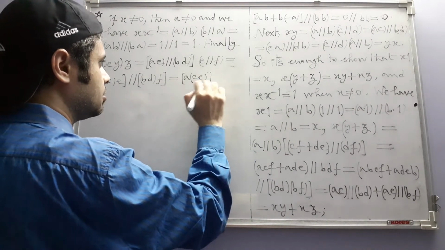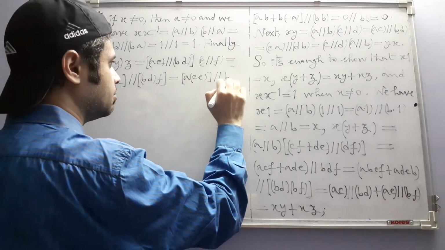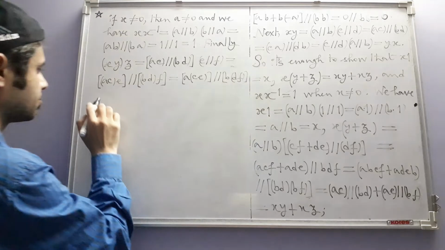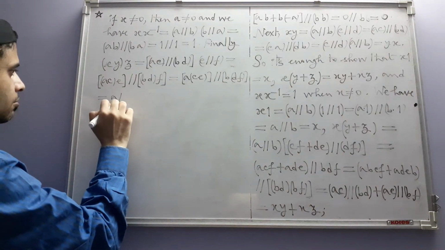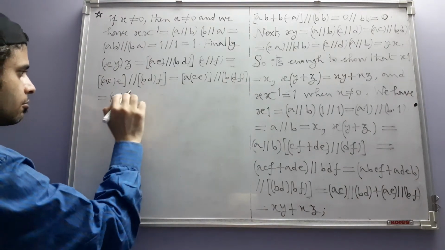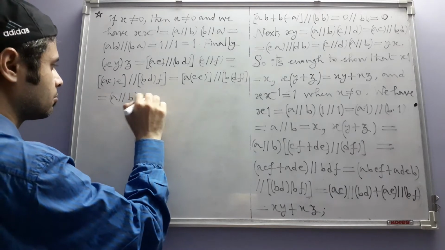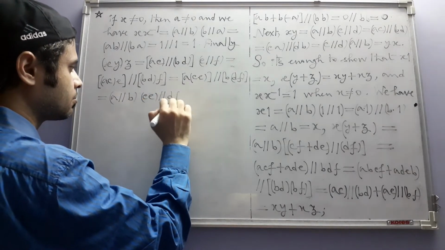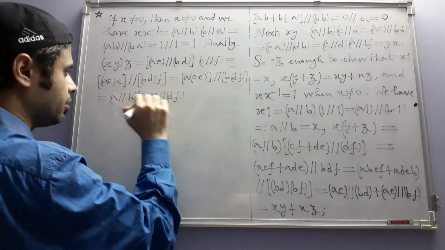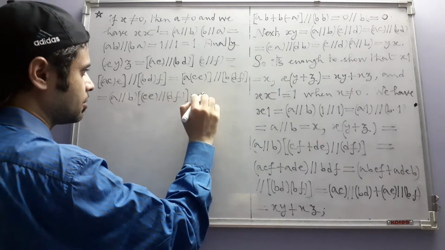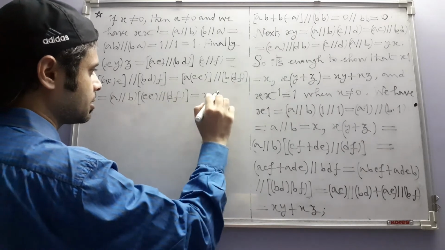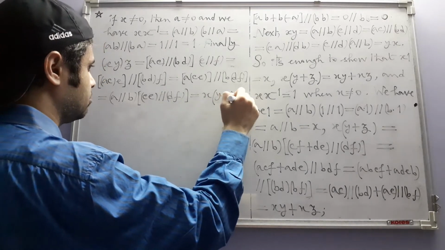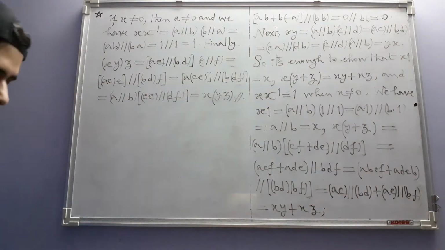A times CE divided by B times DF. The first one is x and the second one is yz. So yes, now we are finally done with the proof.